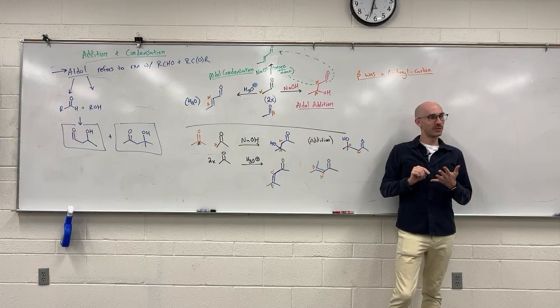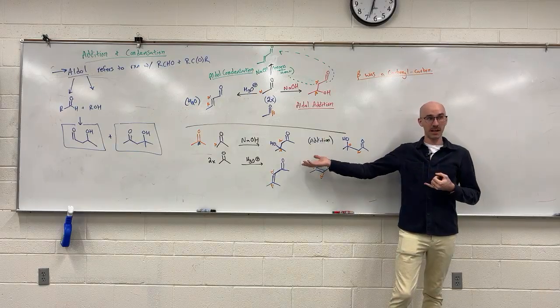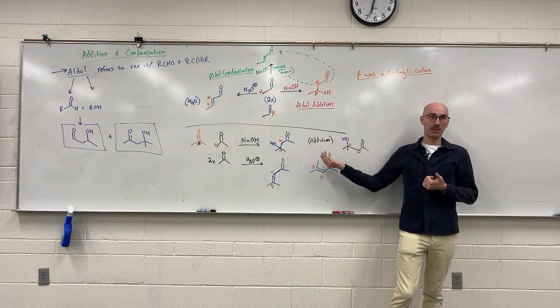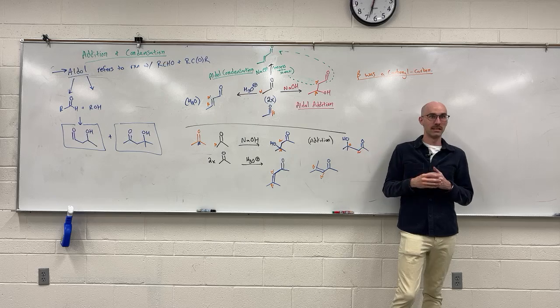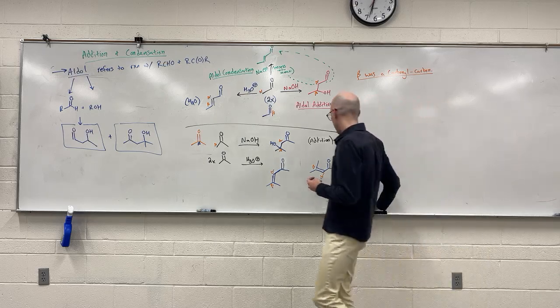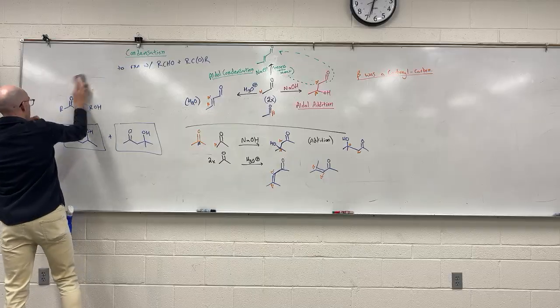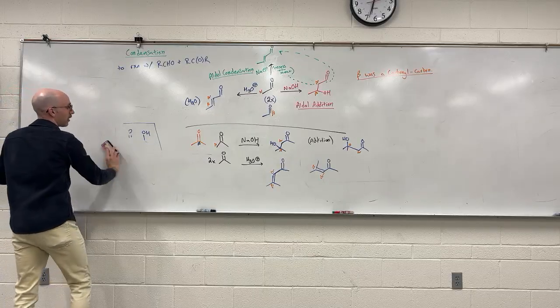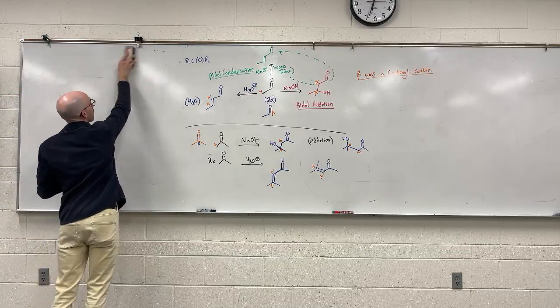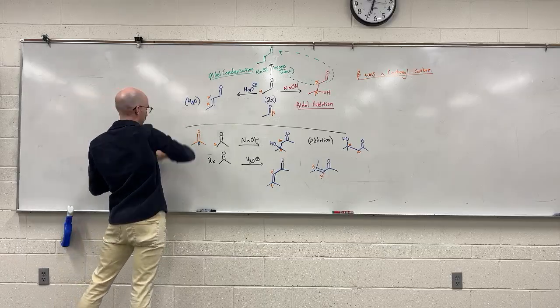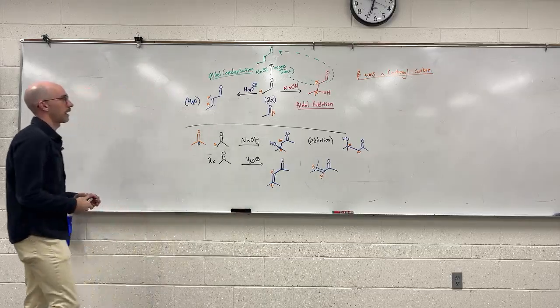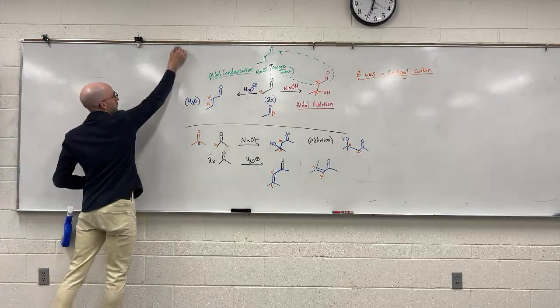So if I'm trying to do that alpha substitution, I might run into accidental byproducts of aldol addition. Same thing with acid. If I'm trying to use acidic conditions, I might accidentally run aldol condensation when I'm trying to do alpha carbon substitution.